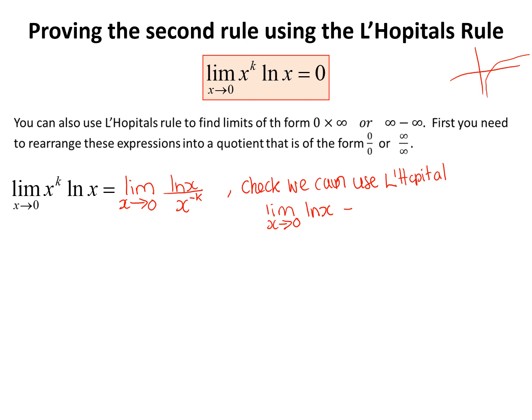And the limit as x tends to 0 of x to the minus k, which will be the same as the limit as x tends to 0 of 1 over x to the k. Right, a very small number to a big power, well, any power, is still going to be very, very small. So 1 divided by a very, very small number is going to be infinity.